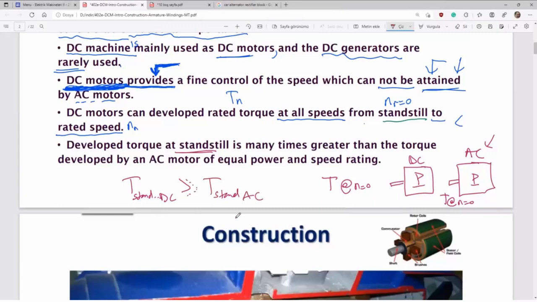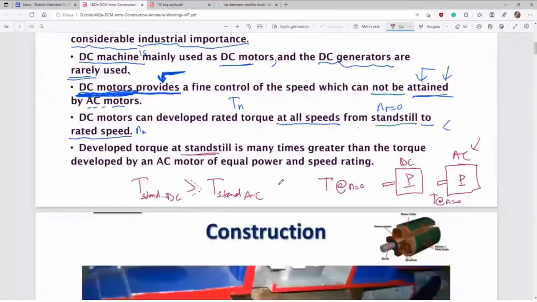So that is a very attractive property, very attractive.